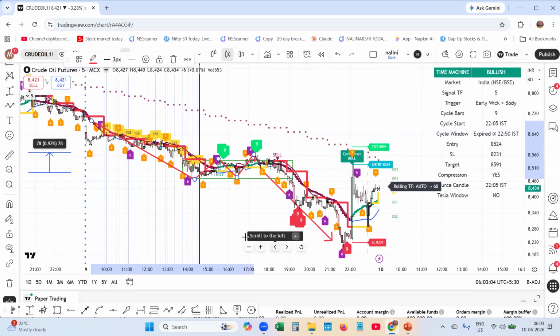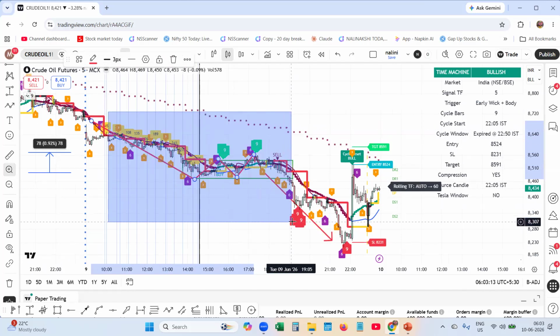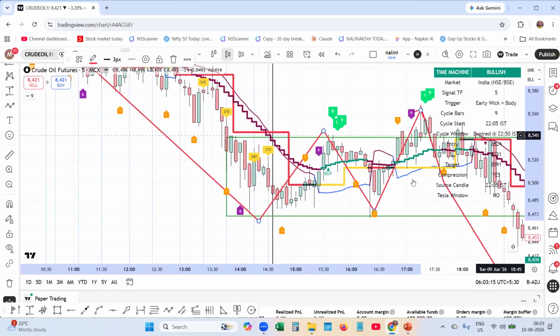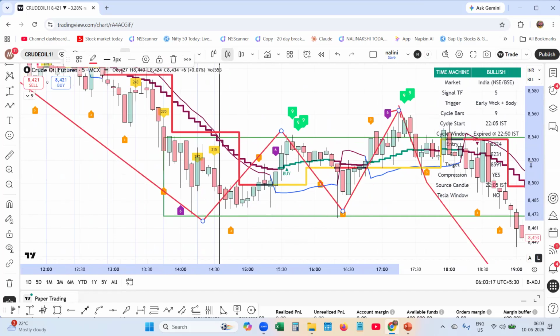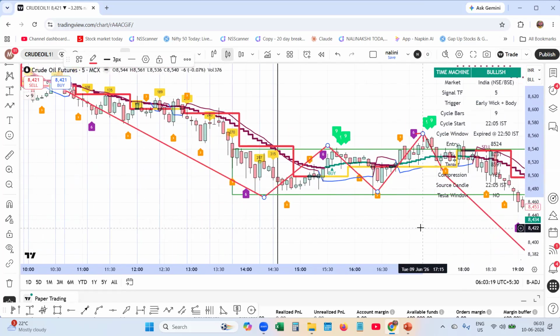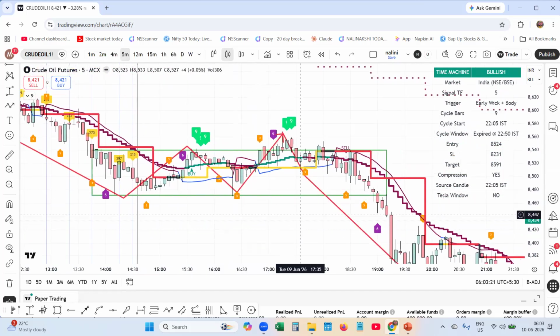You may think there are so many numbers. If you zoom it out, if you are trading intraday, it is not a clutter. You think it is a clutter, but it saves you so many things.